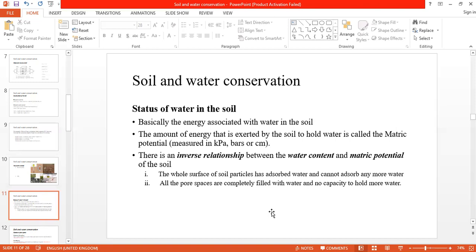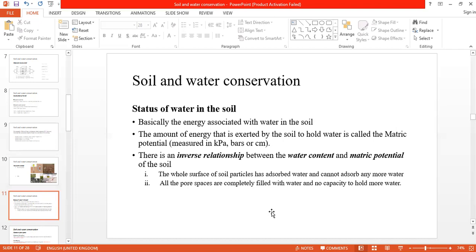At that potential you stop irrigating, because the more you irrigate, you're just wasting water. That's why we are interested in the matrix potential of the soil.